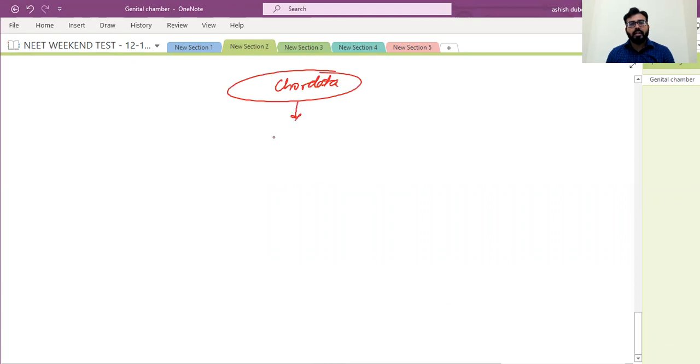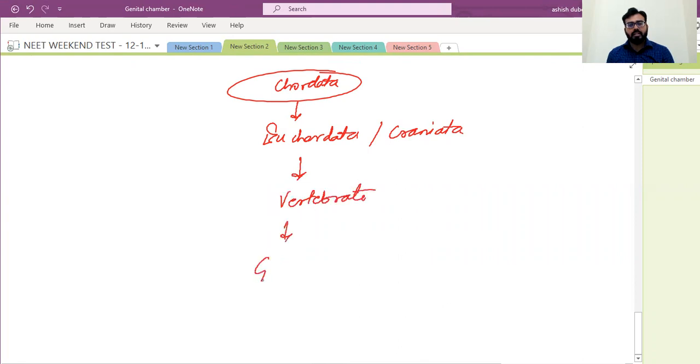Chordata, then it is euchordata, not protochordata, so it is Craniata. It is craniate, and then it is vertebrate. In vertebrate it is having jaw. That's why it is gnathostome. It comes under gnathostomata.